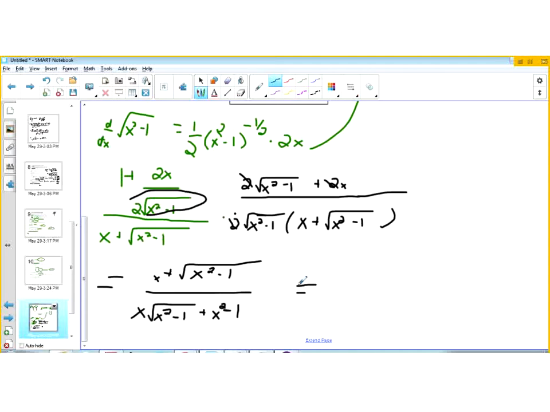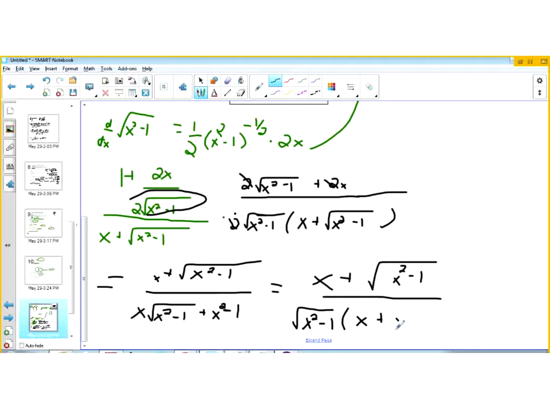So this would equal x plus the square root of x squared minus 1, and let's factor out the square root of x squared minus 1 here, times x plus x squared minus 1.